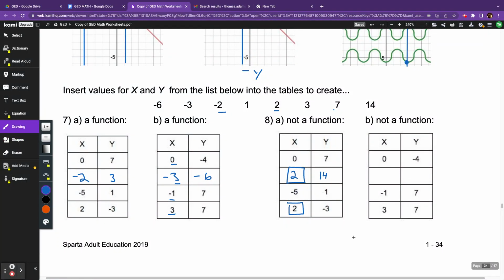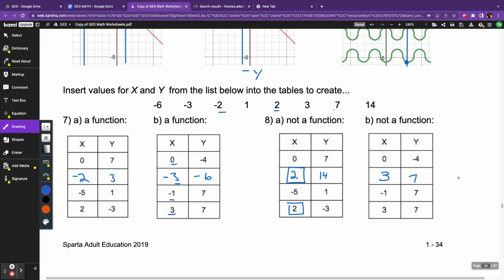Now, you pick a number that we'll put in here to make it not a function. I can pick any numbers? Yeah, pick from up here. 3, or is it 1? Can we not use one that we already used? No, that's fine. You could use 3, and what do you want to put for y? 7 again?